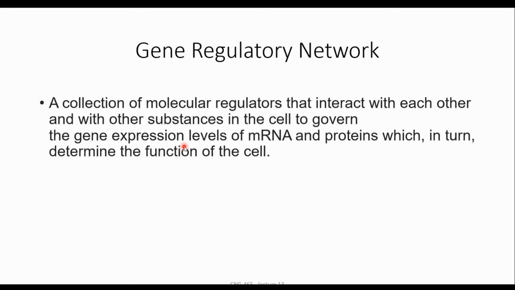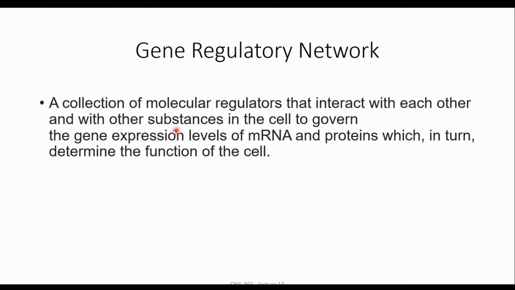But when we say gene expression, it means how much of the protein or mRNA is synthesized or produced by a gene. For example, if we are talking about the beta globin gene, what would be the level of beta globin mRNA or beta globin chain as proteins?